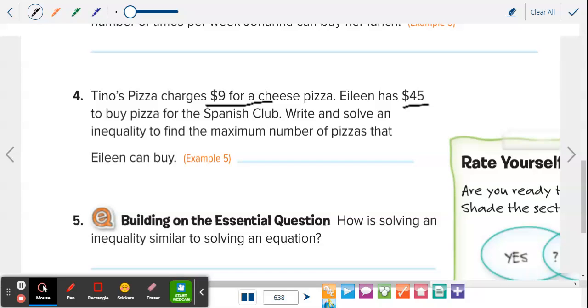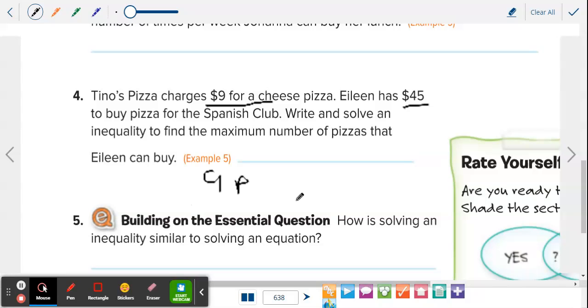So what do we not know here? There's a bunch going on there. The amount of pizzas she's going to buy. We don't know how many she's going to actually buy. So I'm going to set P to equal pizzas. Okay, so do we know the price per pizza? How much? $9. So you would do $9 times how many pizzas she's buying.